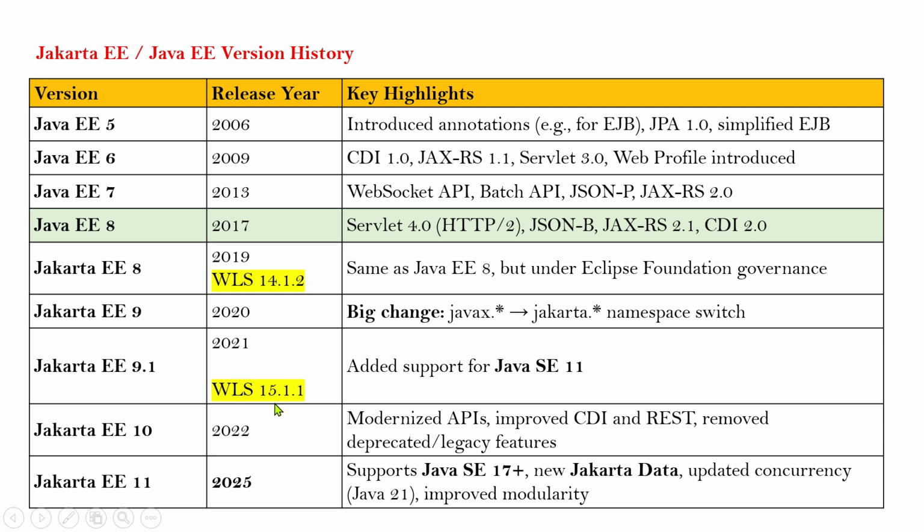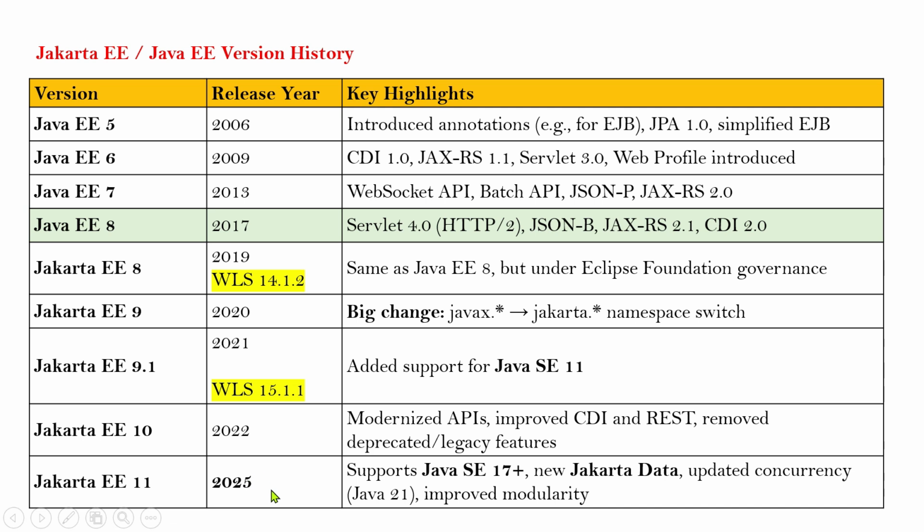Right. So now WebLogic 15.1.1, which is now released, supports Jakarta 9.1. And this Jakarta 9.1 was released in 2021. Okay, so that means after 2021, there was even a release of Jakarta Enterprise Edition 10, which was released in 2022.